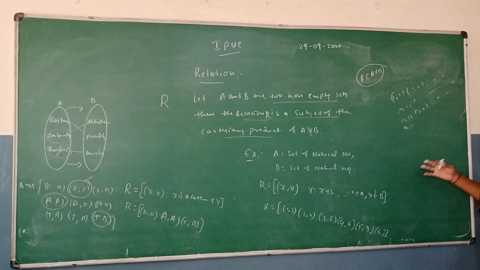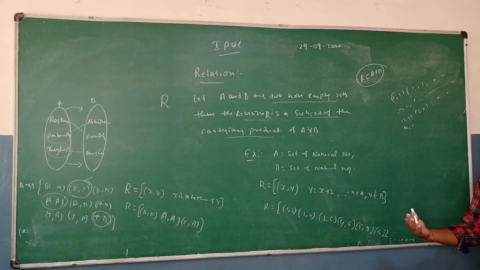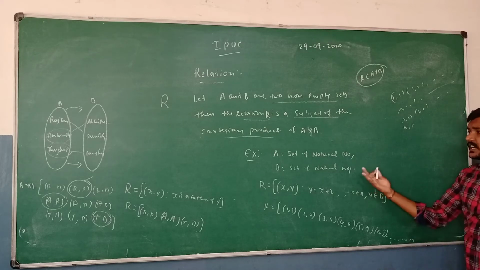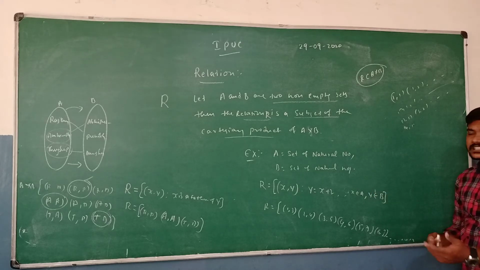Similarly, infinite number of elements are present in the Cartesian product A cross B, where set A is the set of natural numbers and set B is the set of natural numbers.